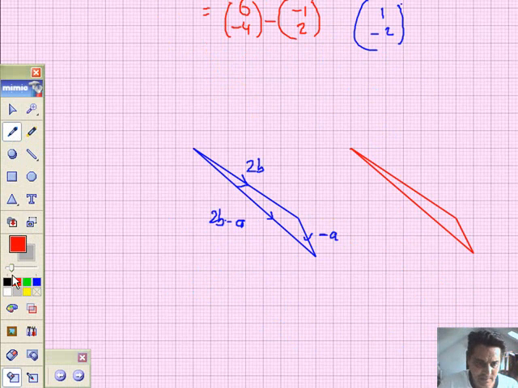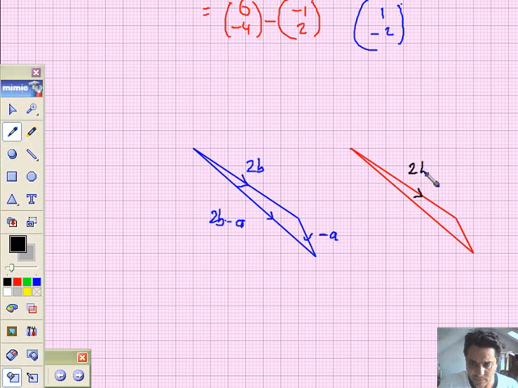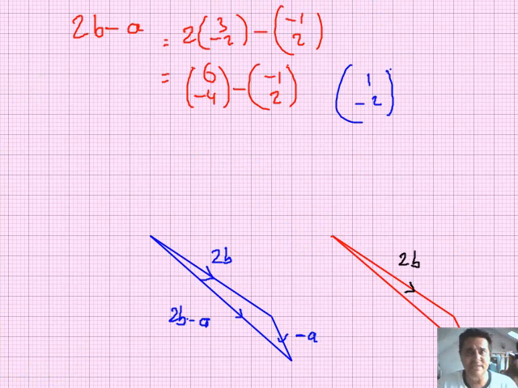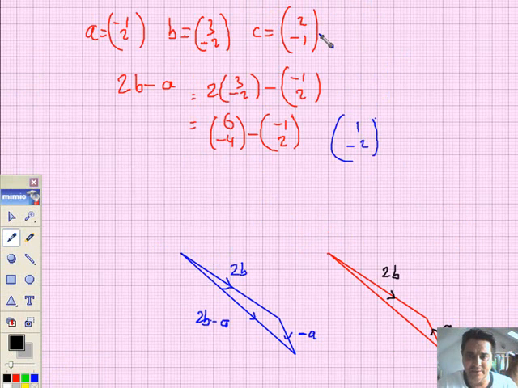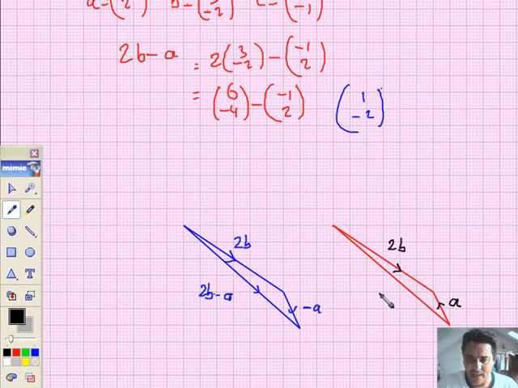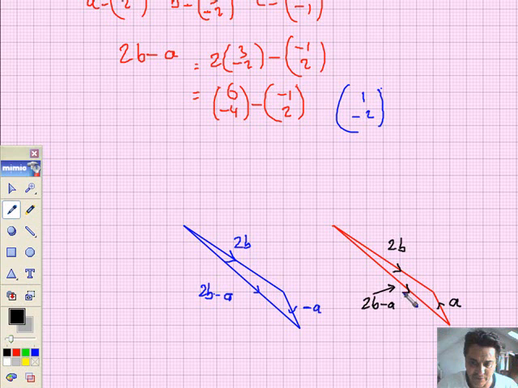2b is like that in the normal direction, but a, if you express it as a positive vector, must go in that direction, because a is in fact, where's the a? Minus 1, 2, look there it is, minus 1 to the left and 2 up, and this final vector would still be 2b minus a in that direction.